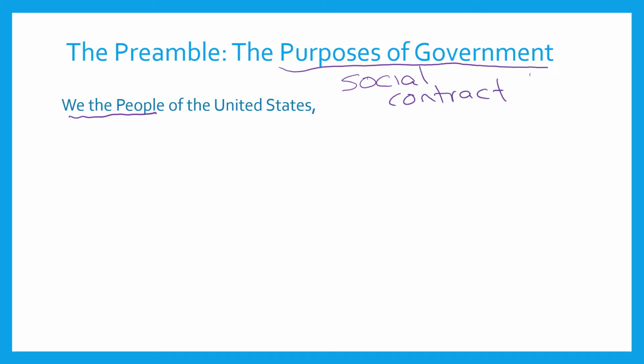We've talked about Locke. We've talked about Rousseau and how they believe in a social contract. We've looked at how John Locke influenced Thomas Jefferson with the life, liberty, and pursuit of happiness. And here now we're writing the Constitution, and we're going back to this social contract. We the people, power of the people, or as we've talked about, consent of the governed.